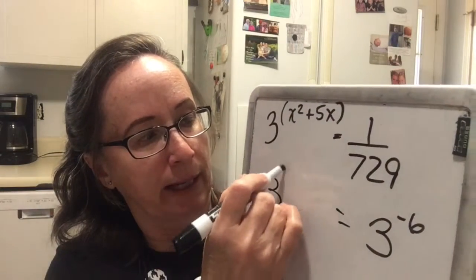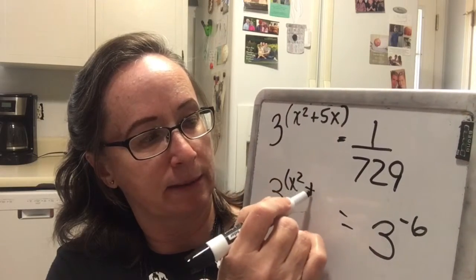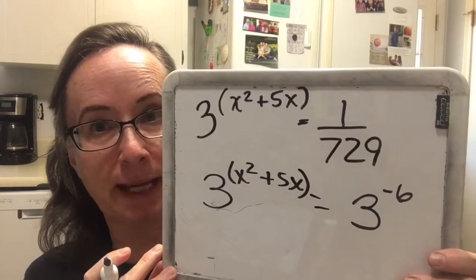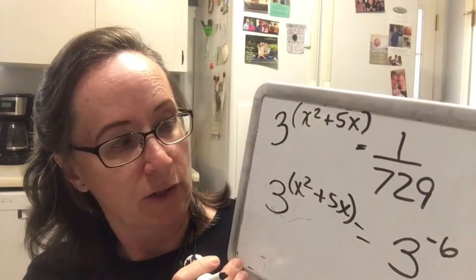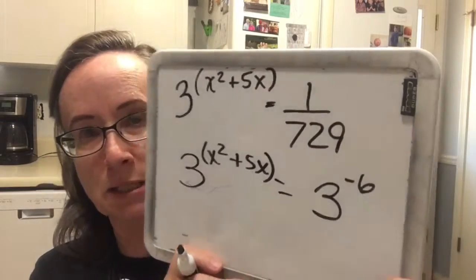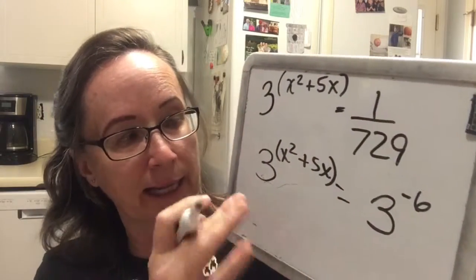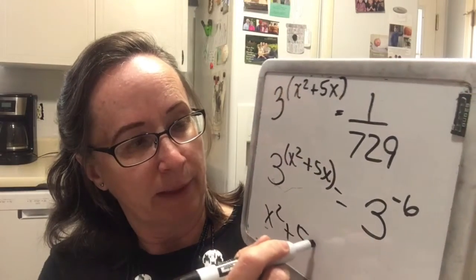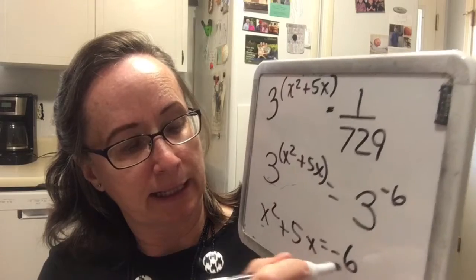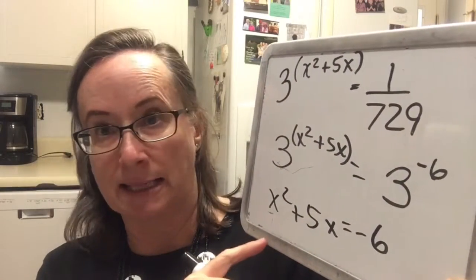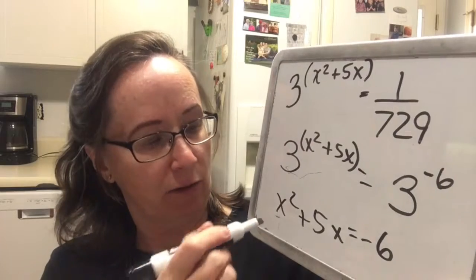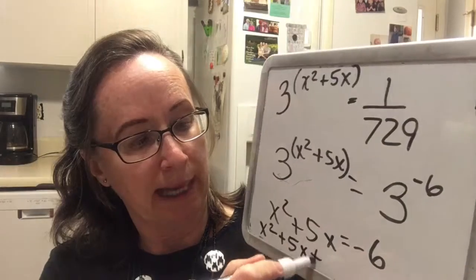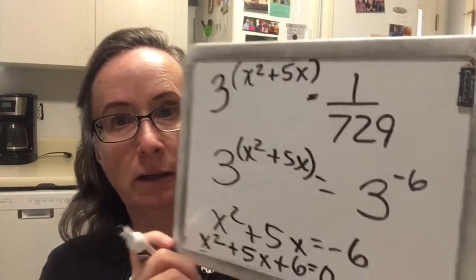And then I'm going to erase that so I get some room. That is equal to 3 to the x squared plus 5x. Okay, so now I do have the same base on each side of the equal sign. So I am able to use this principle to set the exponents equal to each other. So we get x squared plus 5x equals negative 6, which means that I can write this as a quadratic expression in standard form, x squared plus 5x plus 6 is 0, okay?